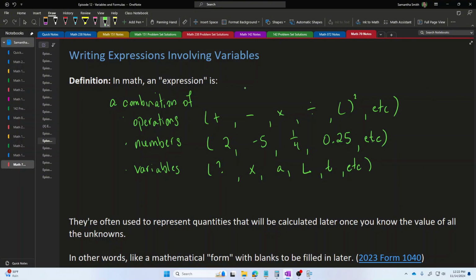When we say in math an expression is just a combination of these kinds of symbols.